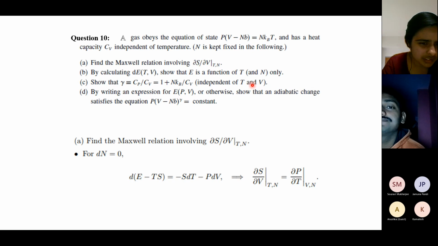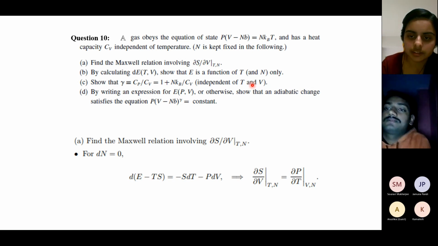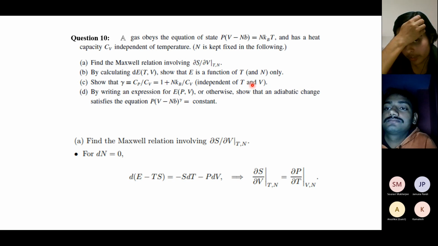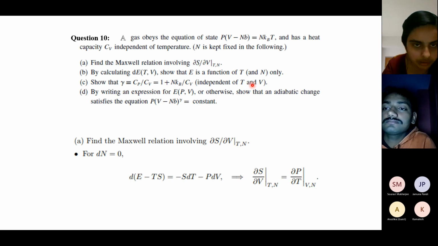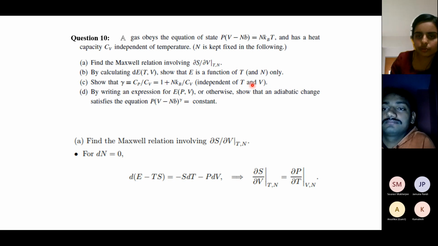Your voice is breaking. So see, you can always write CV as dq by dt at constant volume, and you can write CP as dq by dt at constant pressure. That is always true. But now what you have to do is show whether it's dependent on temperature, whether it's dependent on volume, and how do you do that?